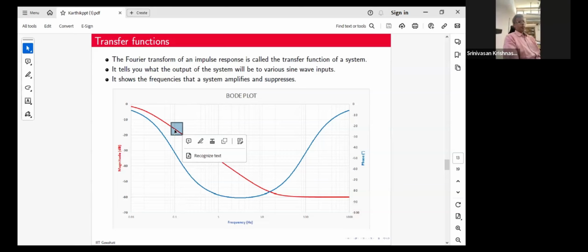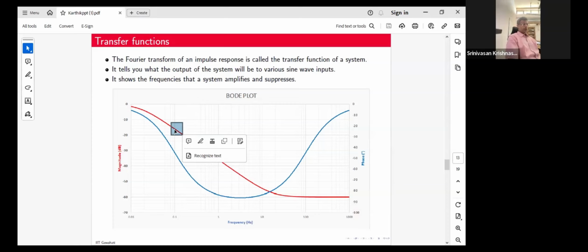Which would mean that you would have an attenuation of minus 14 decibels. That is, if I give a signal which has 0 decibels, the output would be minus 14 decibels. Therefore it would be attenuated by minus 14 decibels.